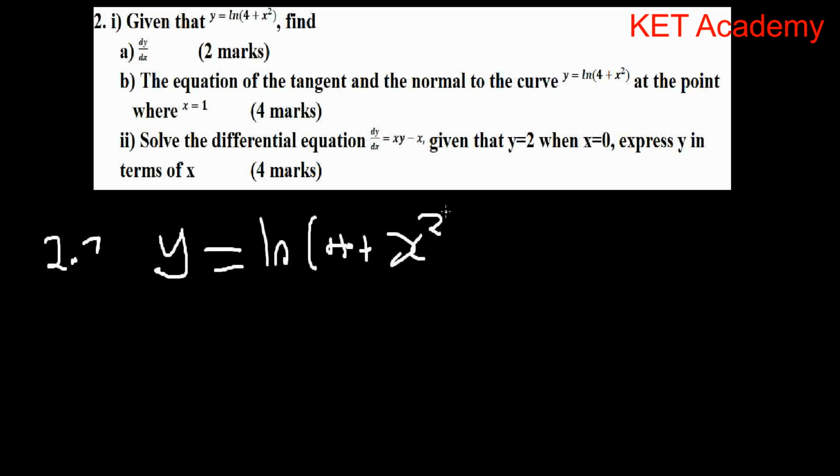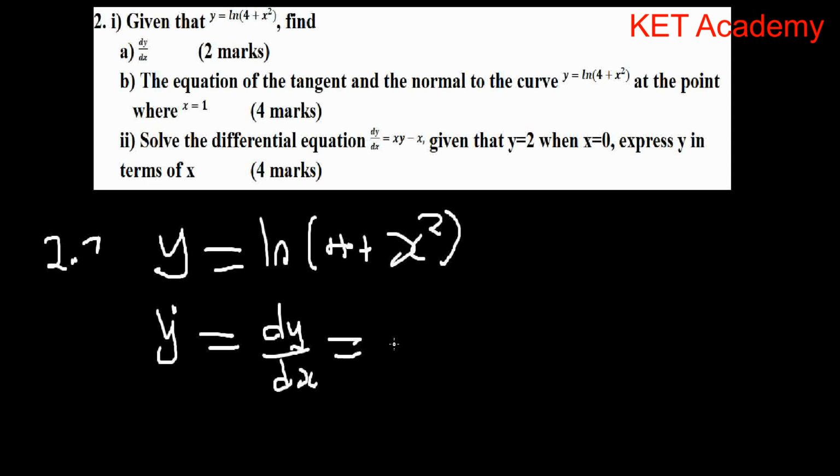So we have to look for the derivative of this function with respect to x. So we know that y prime, which is still the same as dy on dx, will be equal to the derivative.